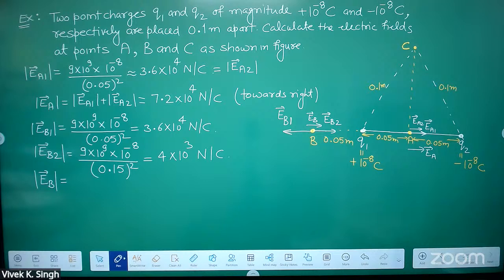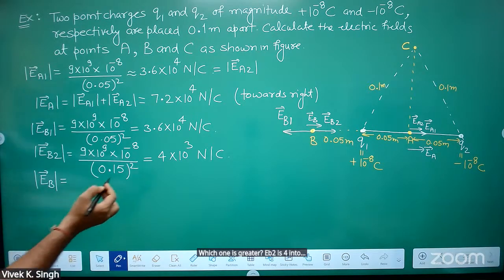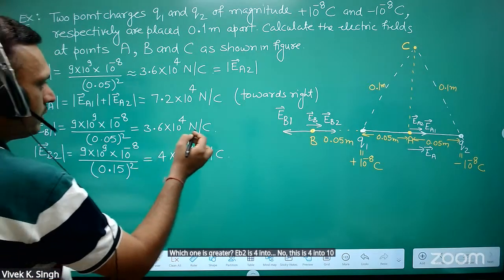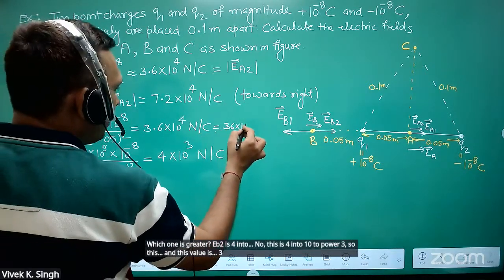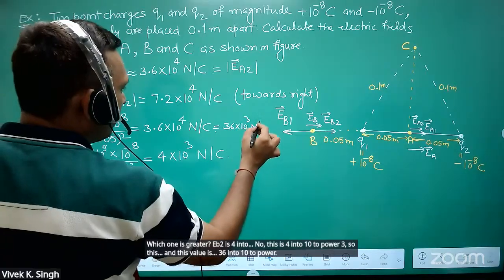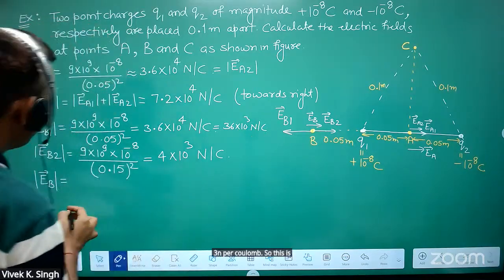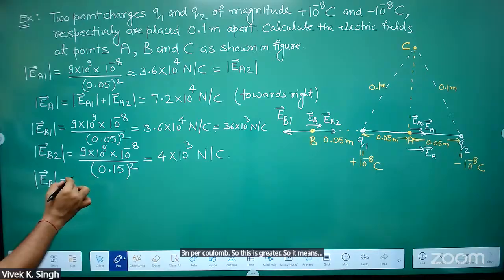So check the value. Which one is greater? EB2 is 4 into, no, this is 4 into 10 to power 3. And EB1 is 36 into 10 to power 3 Newton per coulomb. So this is greater. So it means EB1 is greater.